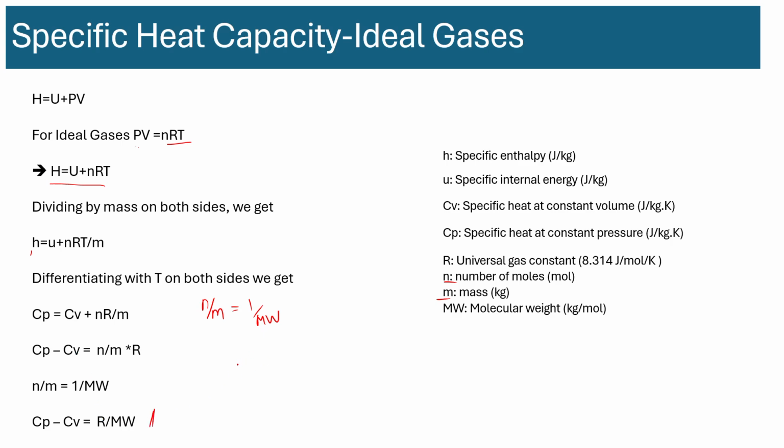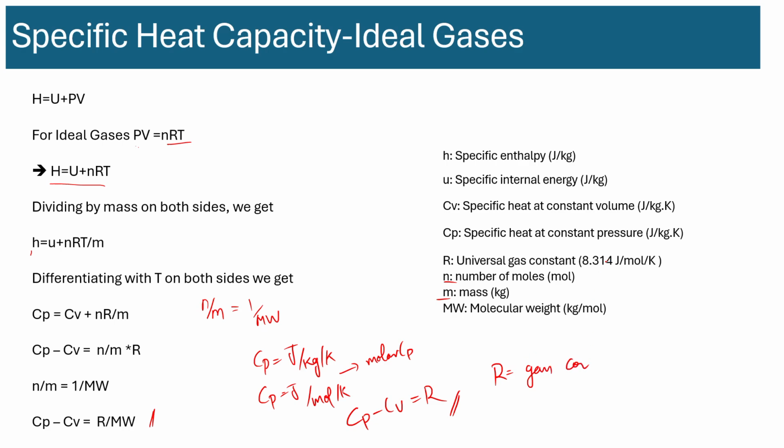Okay, this is when Cp is in joules per kilogram per Kelvin. If Cp is in joules per mole per Kelvin, or molar Cp, okay, then Cp minus Cv is R. And what is this R? R is the gas constant, universal gas constant, this value.